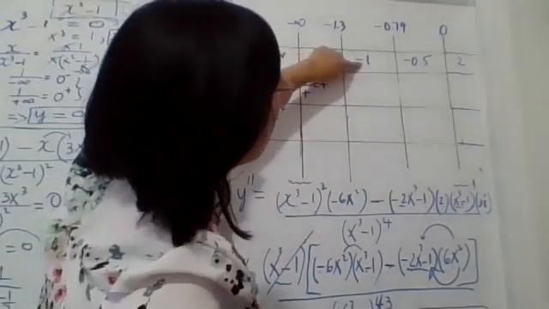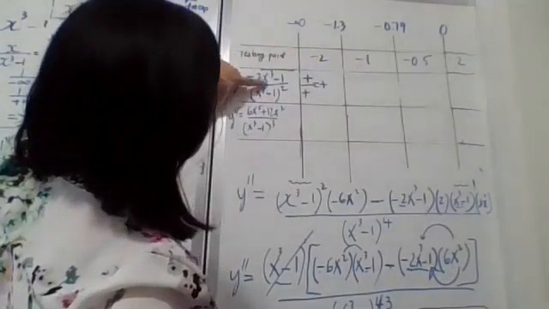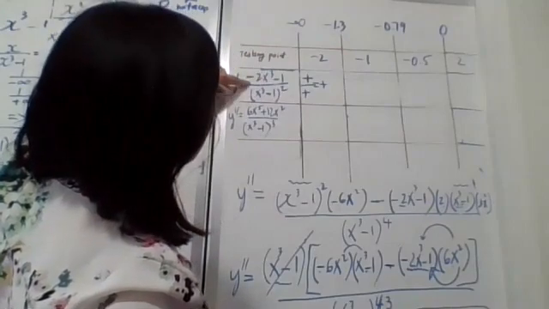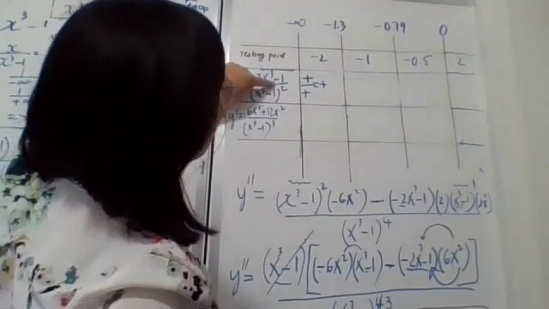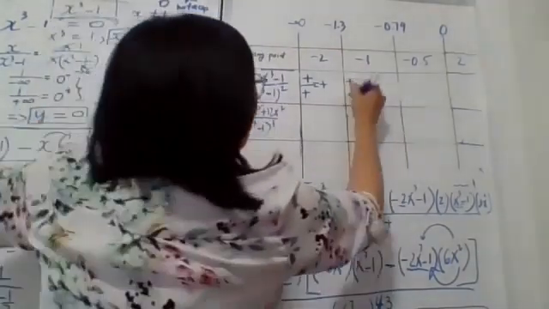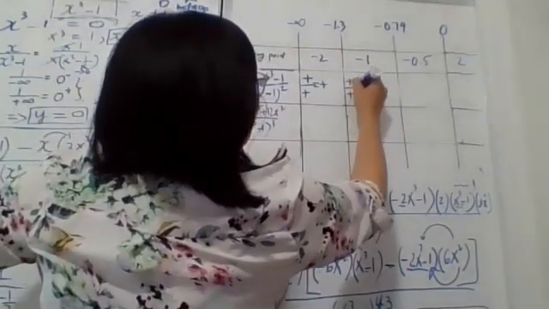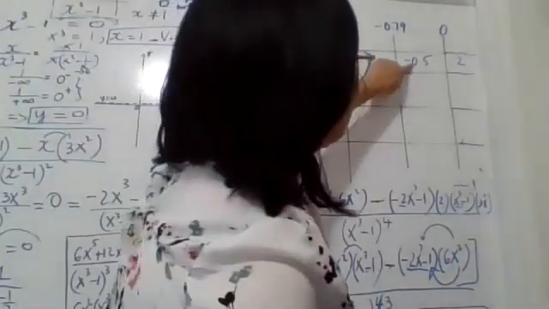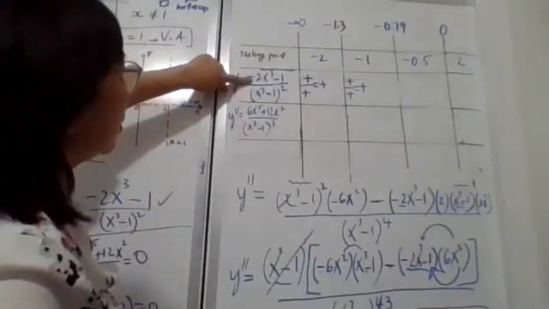Now let's check this one. Minus 1, if we put it in here, minus 1 times this is positive 2, minus 1, so that is also positive. Down here is only positive, so the division will be positive as well. Minus 0.5, put in here. Let's check how it looks.